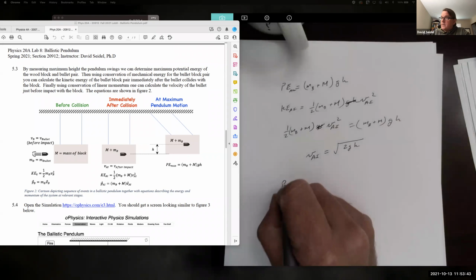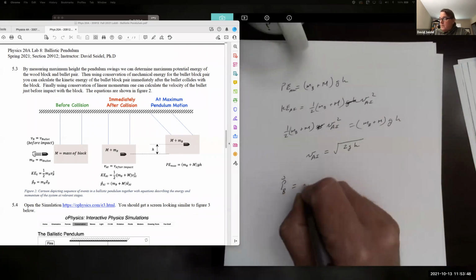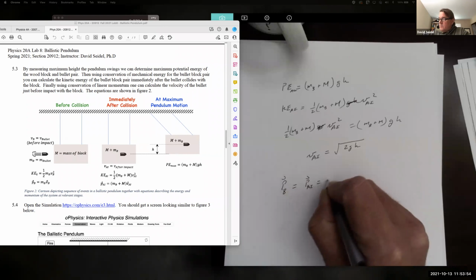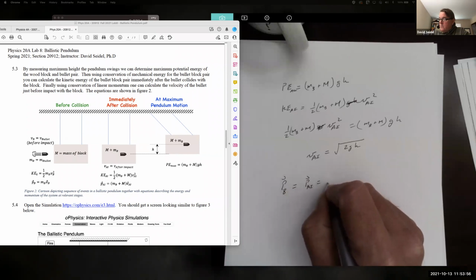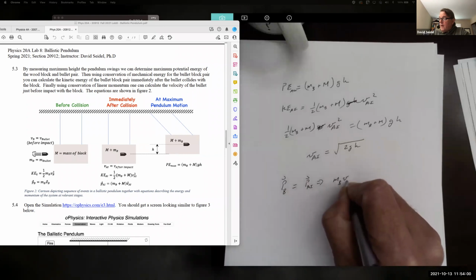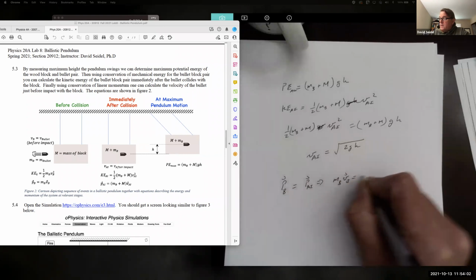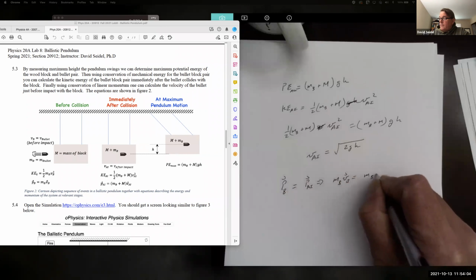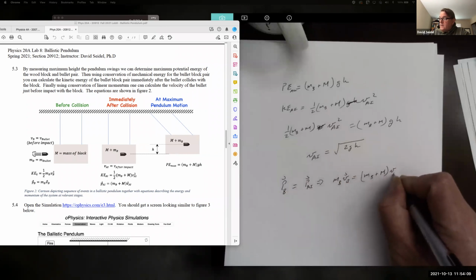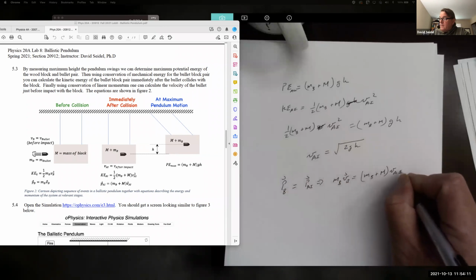Now, momentum before impact equals momentum after impact, which then leads to mass of the bullet times velocity of the bullet is equal to the mass of the bullet plus mass of the block times velocity after impact.